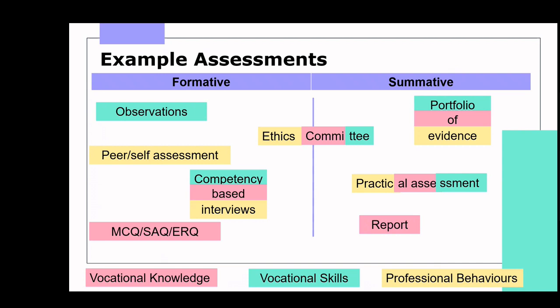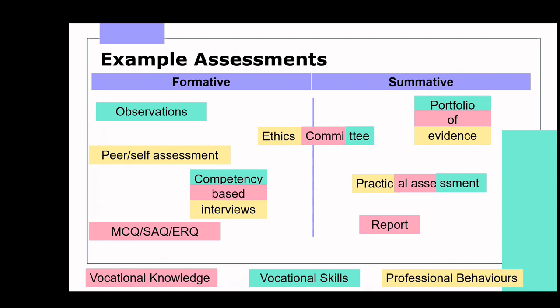The key is to vary the method and type of assessments to keep students engaged, but also to capture the learning of students with differing learning styles. So for example, to assess vocational skills, we have observations, students creating a portfolio of evidence.